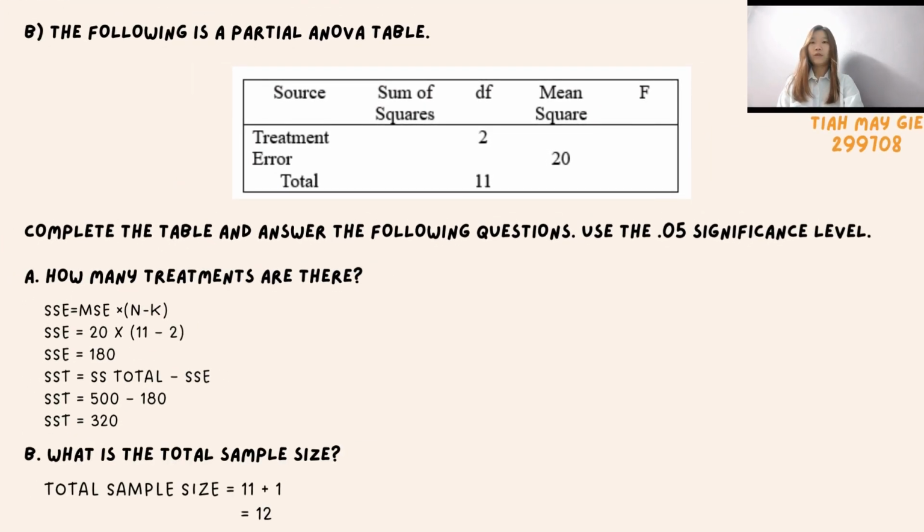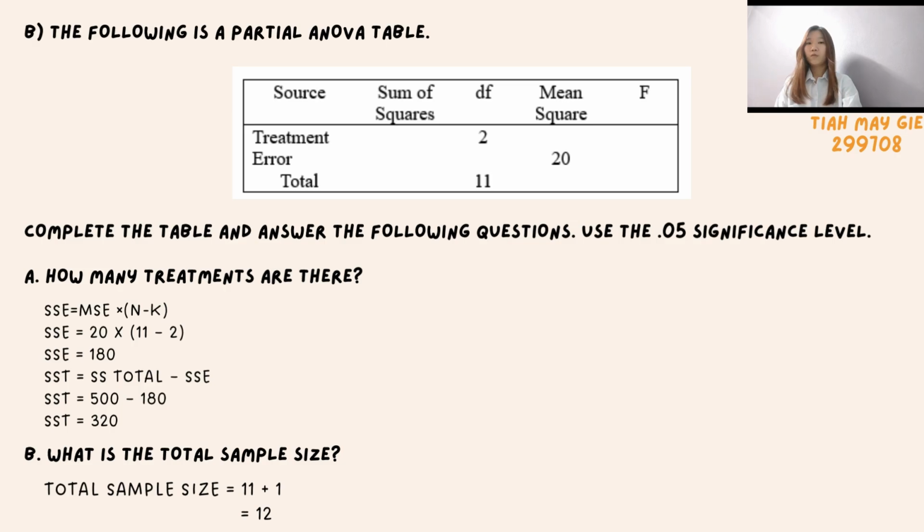For part B, the following is a partial ANOVA table. Complete the table and answer the following questions. Use the 0.05 significance level. A. How many treatments are there? From the above table, we can find the SSE, which is MSE times n minus k, 20 times 11 minus 2, equal to 180.